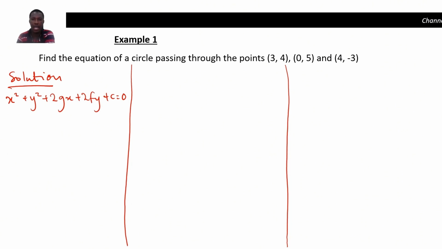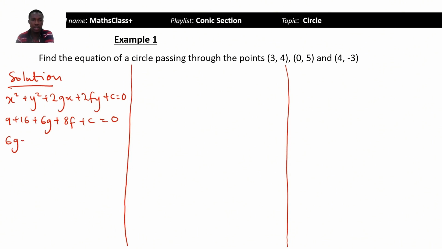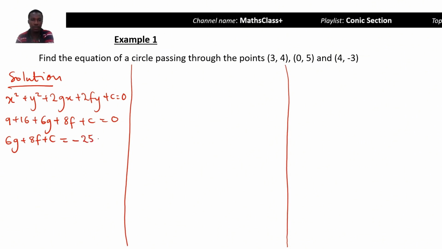Now if I substitute the point (3, 4), 3 squared will be 9, 4 squared will be 16, 2 times 3 times g will be 6g, and then I'll have 8f plus c is equal to 0. So I have 6g plus 8f plus c is equal to negative 25. That will be my equation 1.